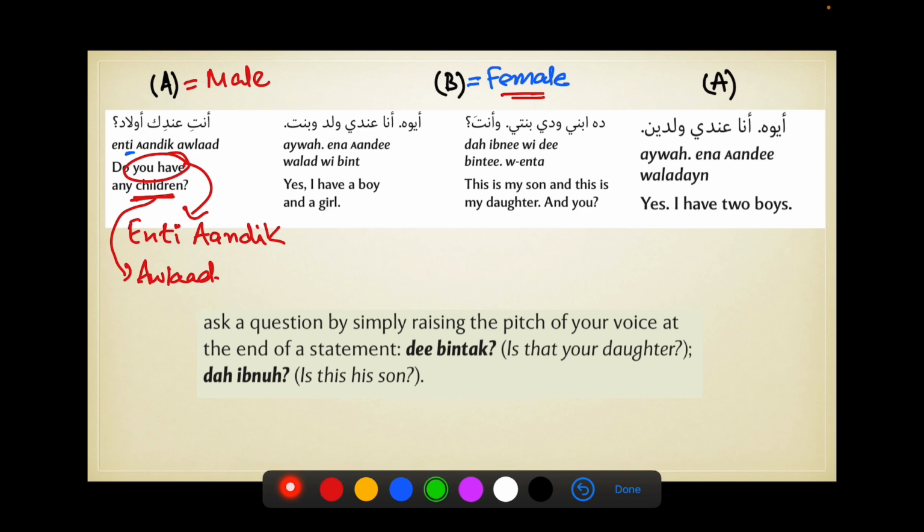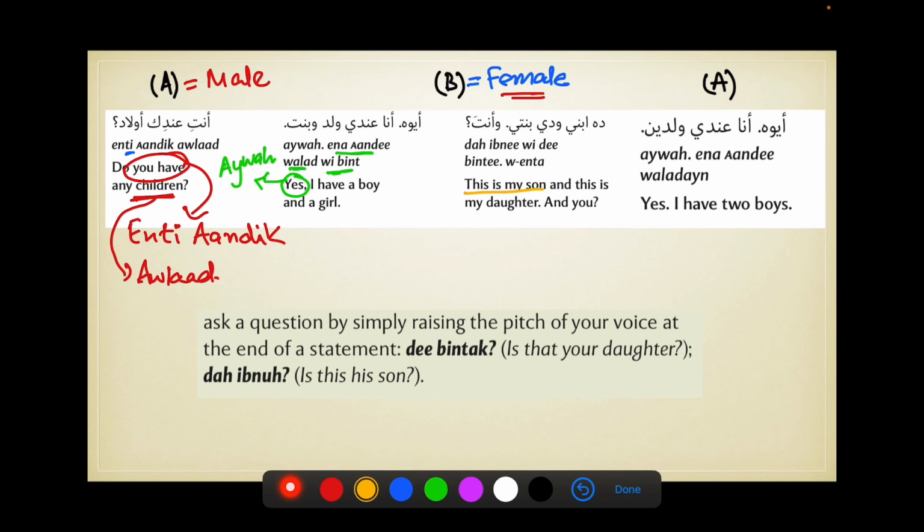And now B is saying, yes, I have a boy and a girl. Yes means aywa, and I have a boy and a girl will be written as ana andi walad wi bint. Now B is also saying, this is my son and this is my daughter, and you?